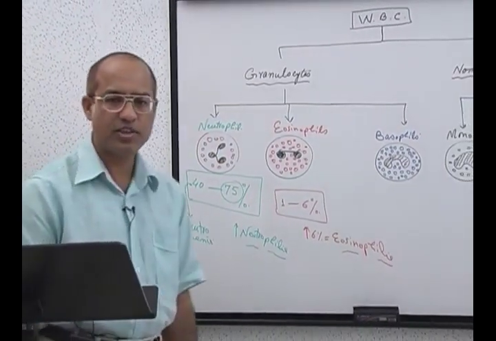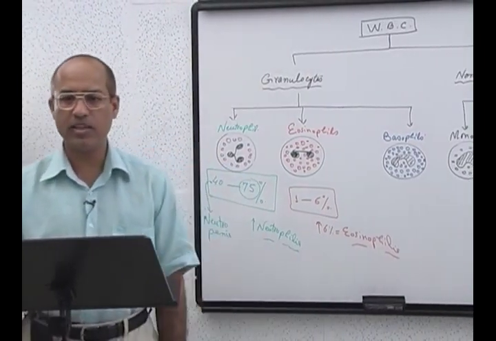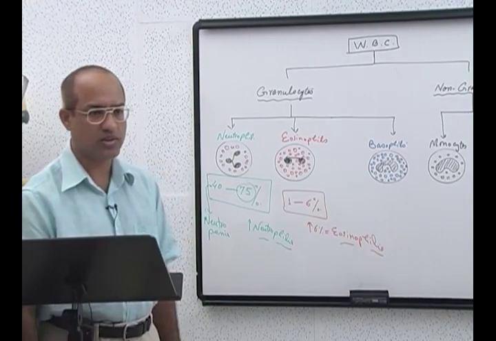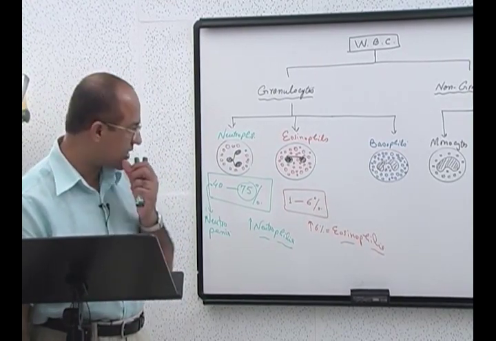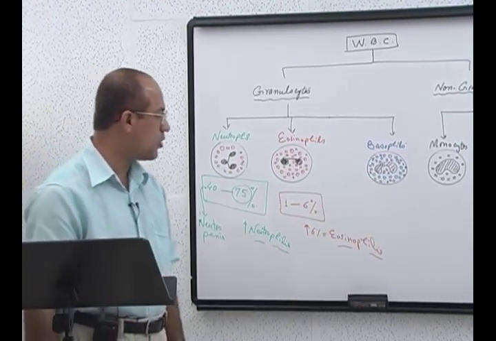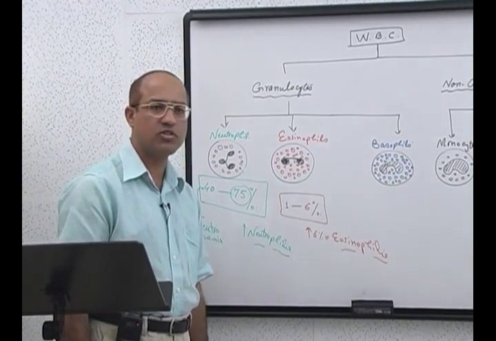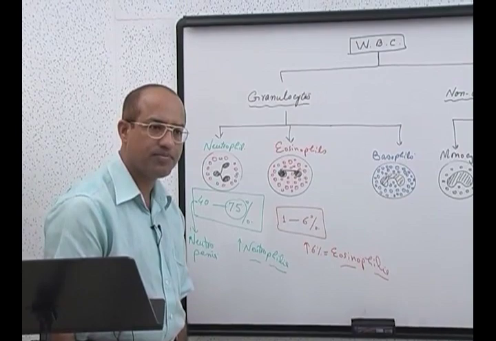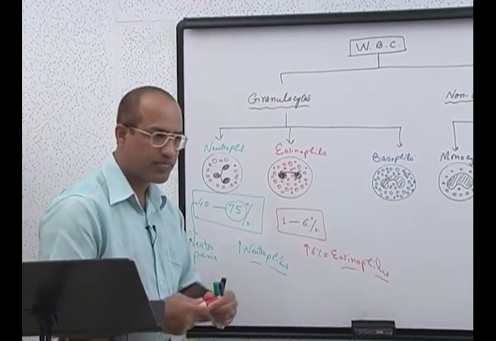Classically, eosinophilia is seen when there are parasitic infections or allergic situations. In allergy and parasitic infections, eosinophils become more in the blood, more than 6%, and we say the patient is having eosinophilia.